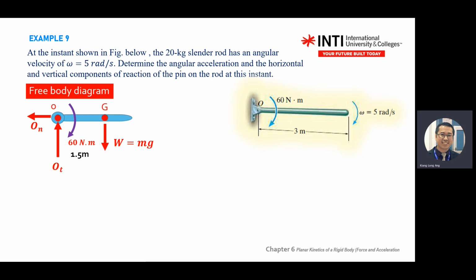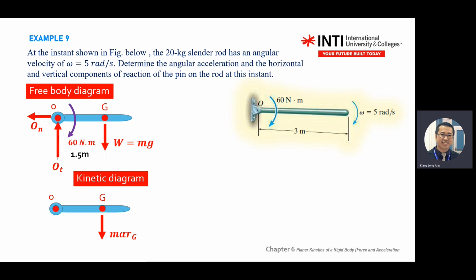You have a moment and forces in the free body diagram. The kinetic diagram only deals with acceleration, or velocity. In this case, you link with ma.